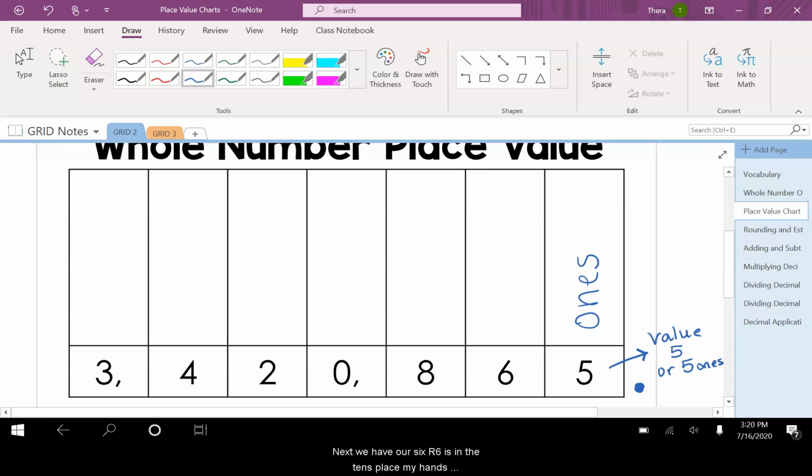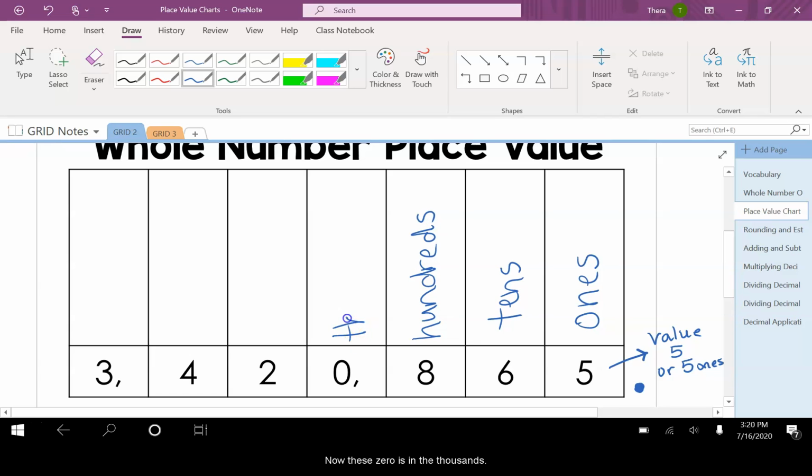Next, we have our 6. Our 6 is in the tens place. My hand's going to keep hitting that as I write sideways. My 6 is in the tens place. My 8 is in the hundreds. Now, the 0 is in the thousands.